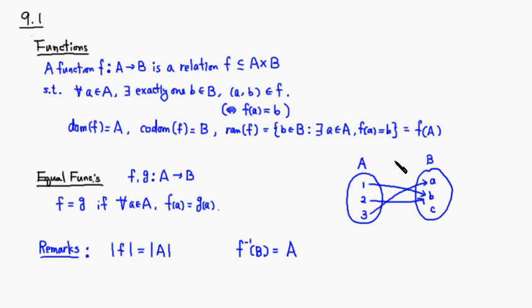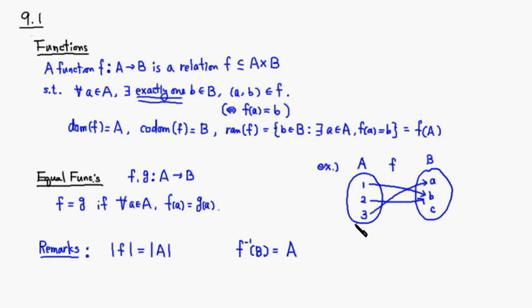So this is a perfectly good function f, right? So you can see that for every single element in A, there exists exactly one corresponding element. And it's okay to have two different elements in A mapped to the same element, right? But each one has one corresponding element. So this is the condition to become a function, all right?